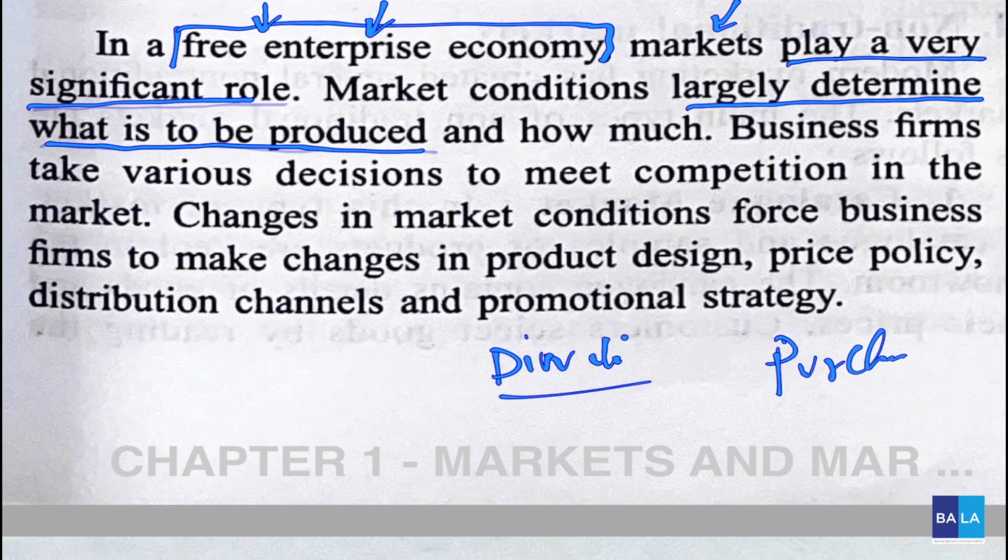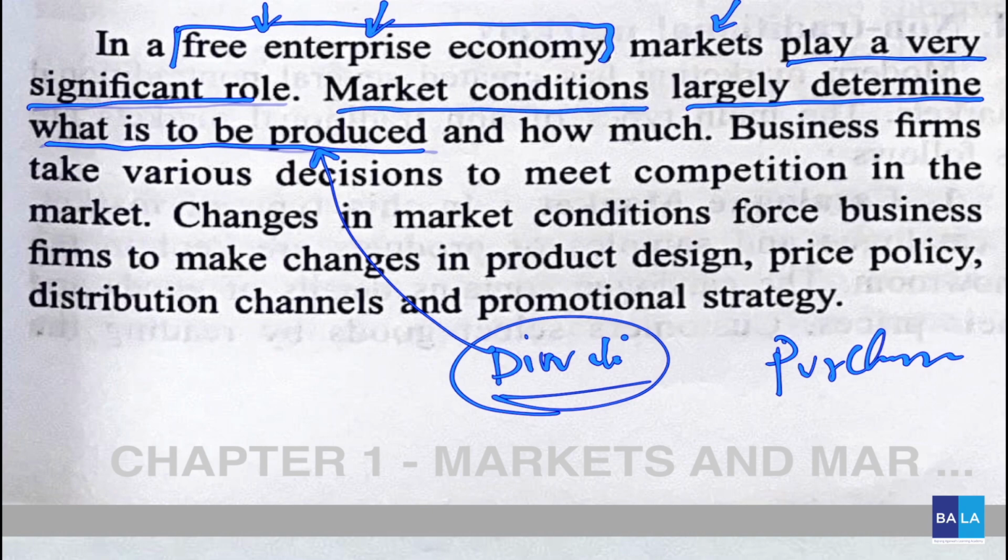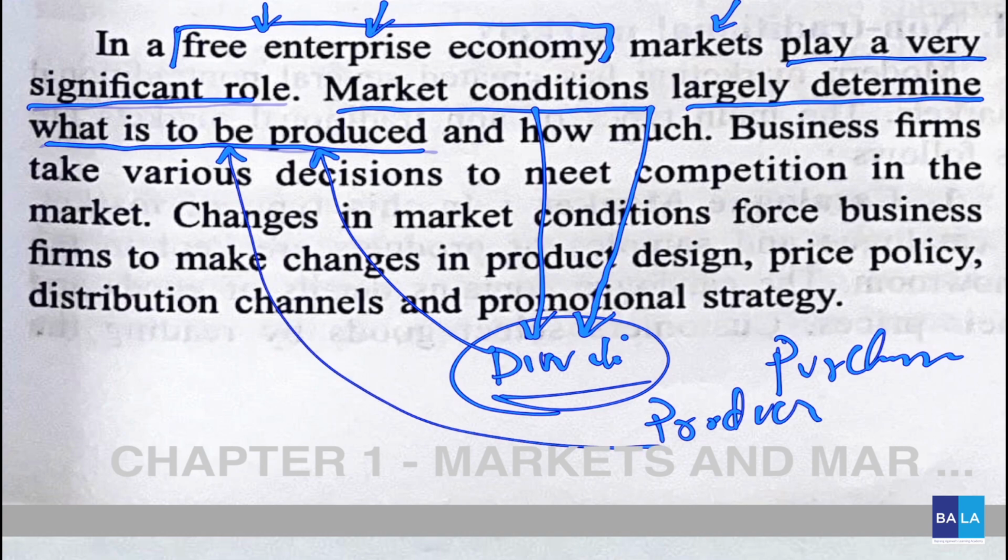So according to this festival, I know what is to be produced. So I know the market condition. People will spend money in Diwali. Market condition is known by the producer. Producer decides what is to be produced.